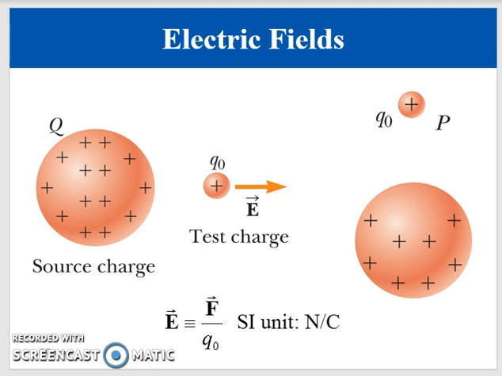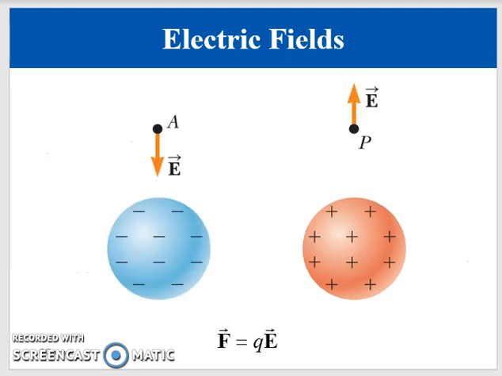Now, electric field lines, we define them to emanate from positive charges. So electric field lines will point away from positive charges. If I look at my point P in the slide, the electric field is going to be pointing away from the positively charged sphere.